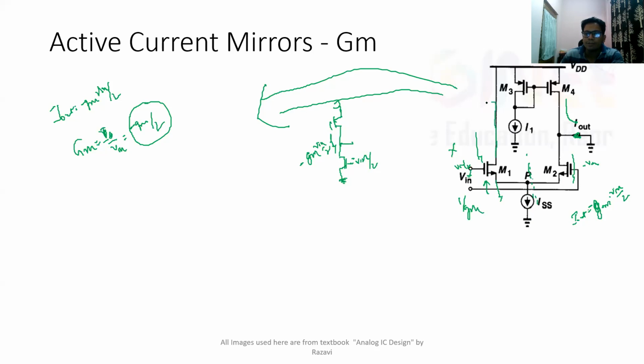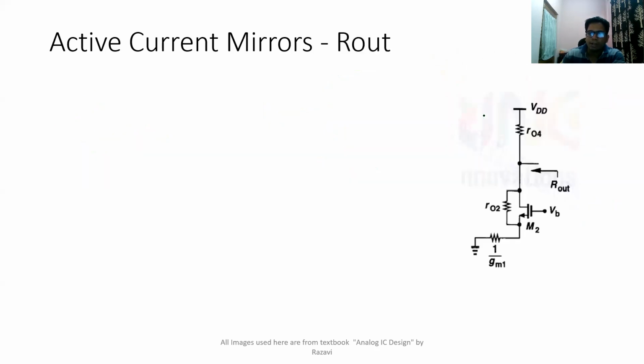VDD, as per our analysis, should be shorted, so it will be connected to ground. That is the diagram drawn here: the input is connected to this transistor, and the other transistor is replaced by simply a resistor whose value is 1 by GM, grounded at the VDD end.